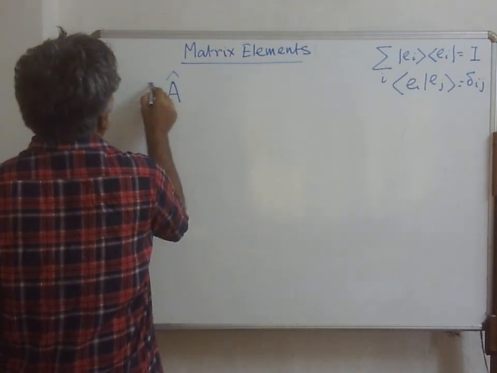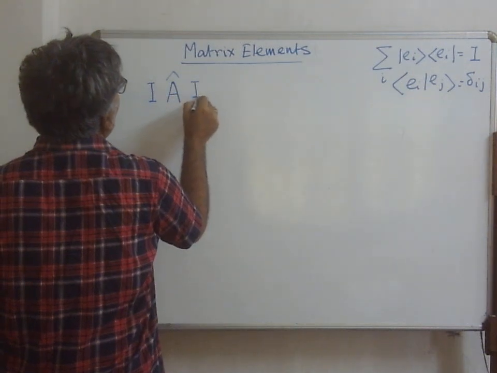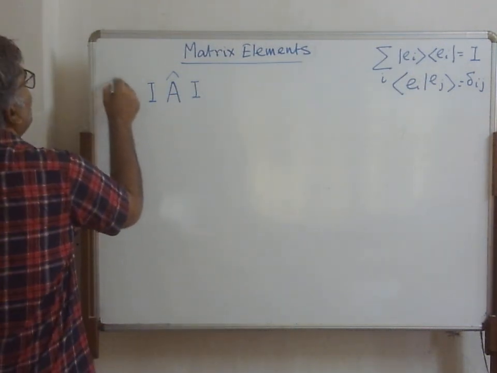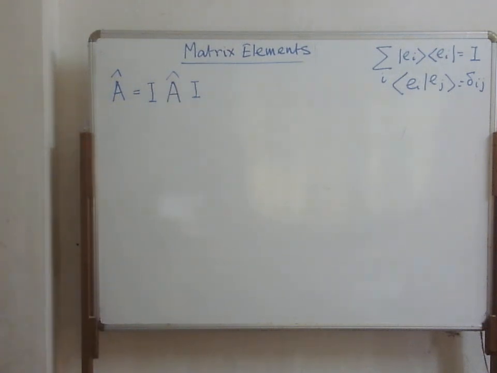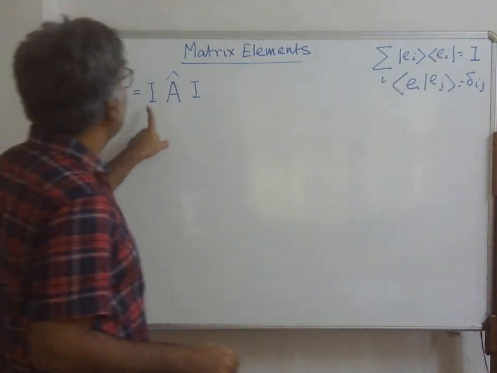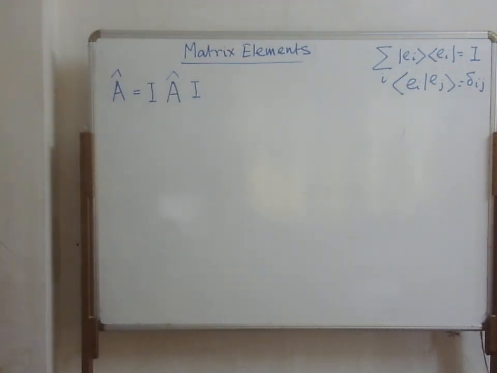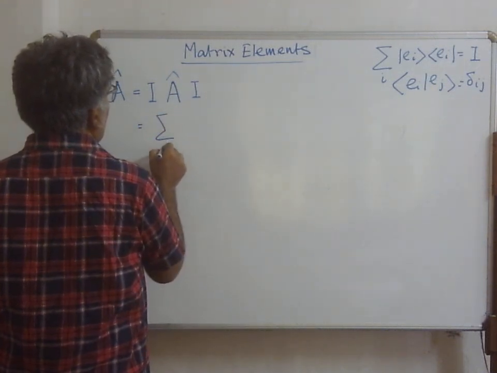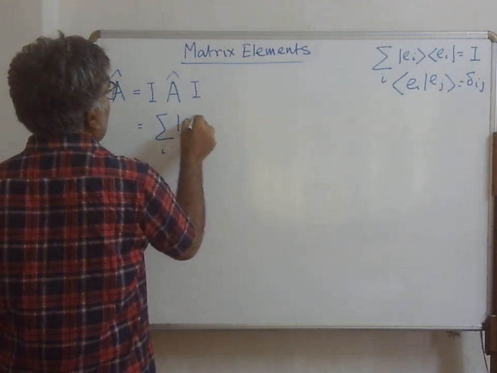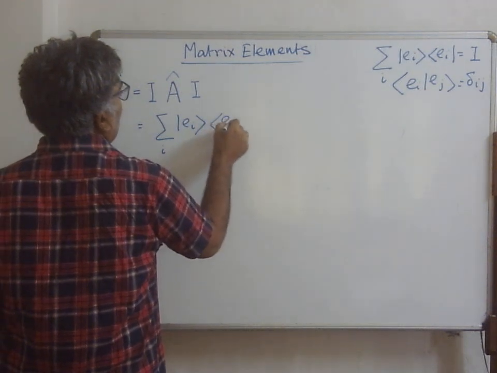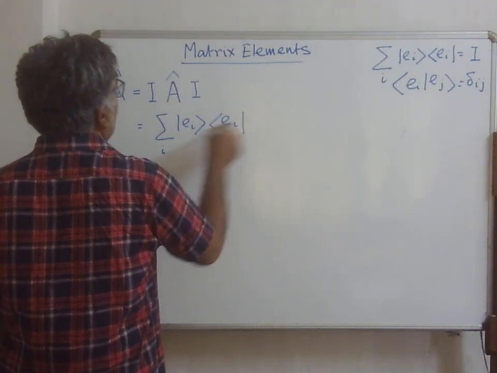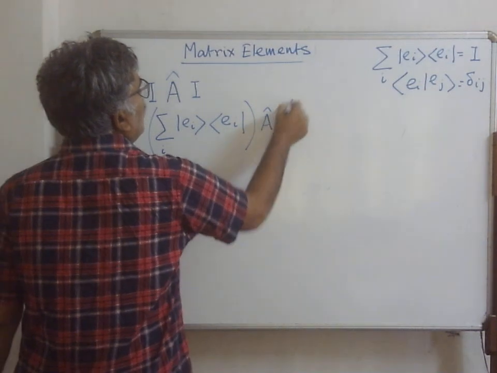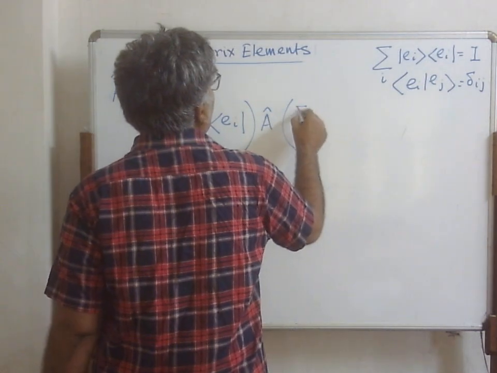Now if you multiply by two identity operators on both sides, you have the same thing on the left-hand side, right? Now what I want is to write this identity operator in terms of that basis, |e_i><e_i| is one and this is the other.